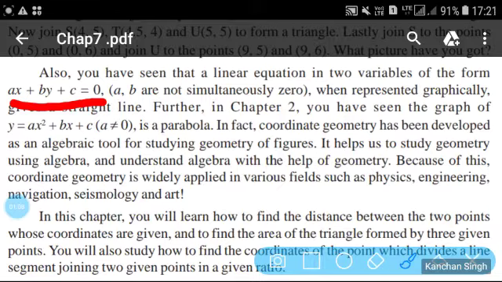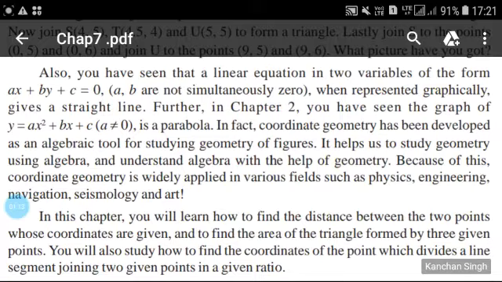When you represent it graphically, it gives a straight line, and in chapter 2 we have seen that the graph of y = ax² + bx + c, where a is not equal to 0, is a parabola. In fact, coordinate geometry has been developed as an algebraic tool for studying geometry of figures. It helps us to study geometry using algebra and understand algebra with the help of geometry.